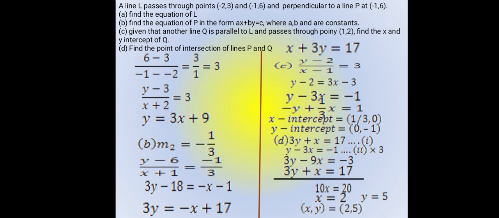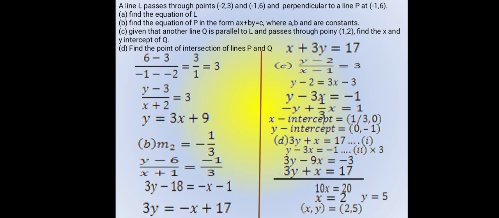C: Given that the other line Q is parallel to L and passes through the point (1, 2), find the x and y intercept of Q. D: Find the point of intersection of lines P and Q.